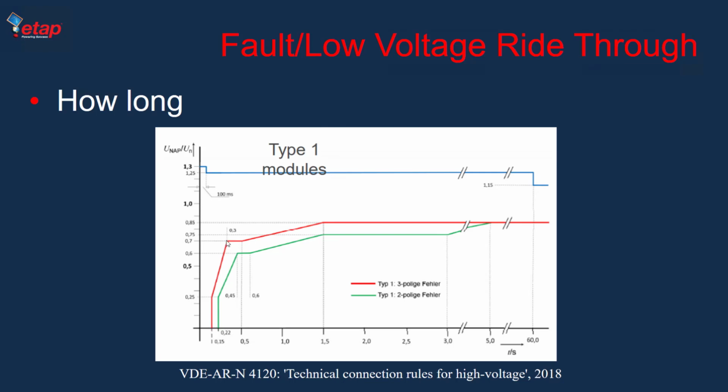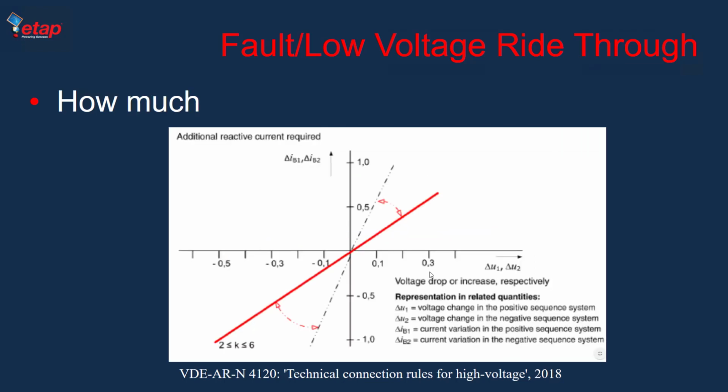Let's say if the voltage is 70%, the inverter should stay at least for 300 milliseconds. So that's how it defines how long it should stay in the system.